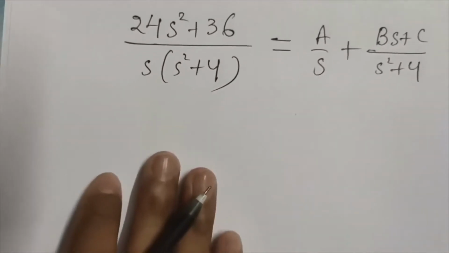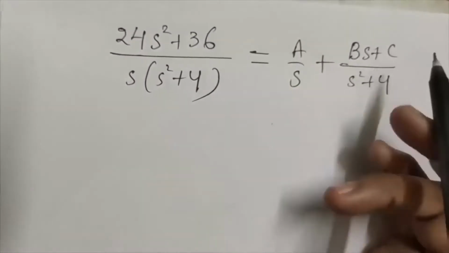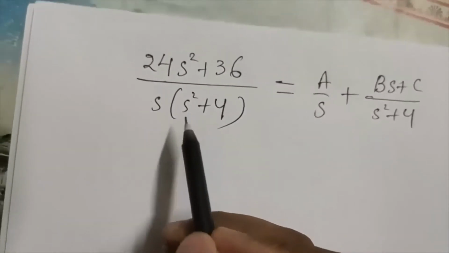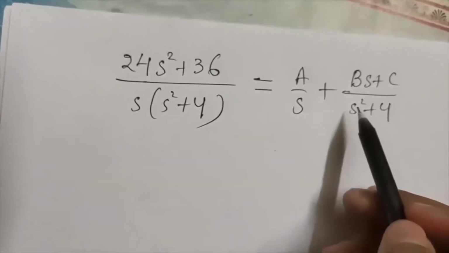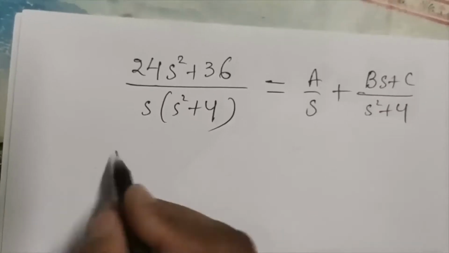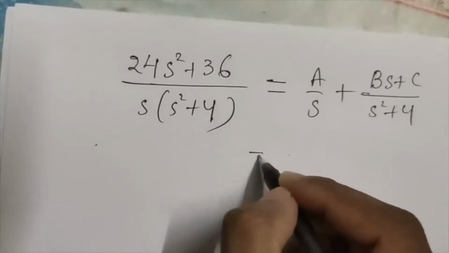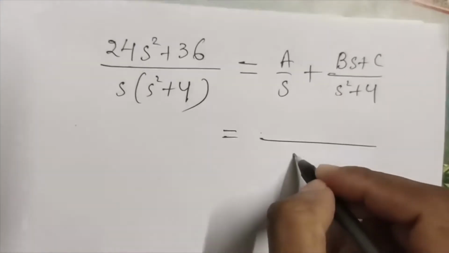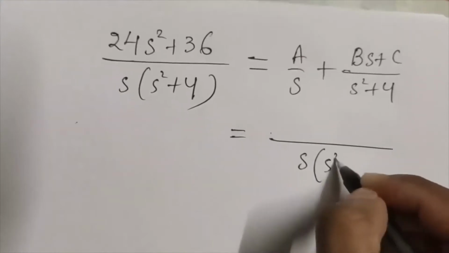So the second way of finding the constant values when you have such a term is nothing but finding the LCM and comparing the coefficients on both the sides. So when I take the LCM, this becomes S into S square plus 4.